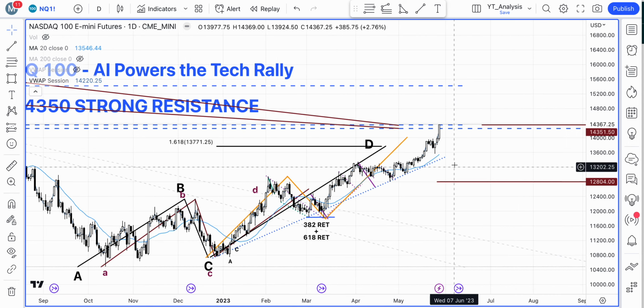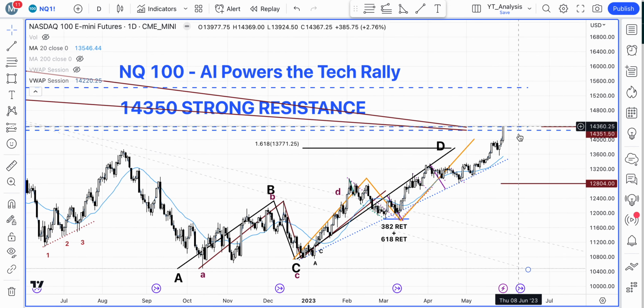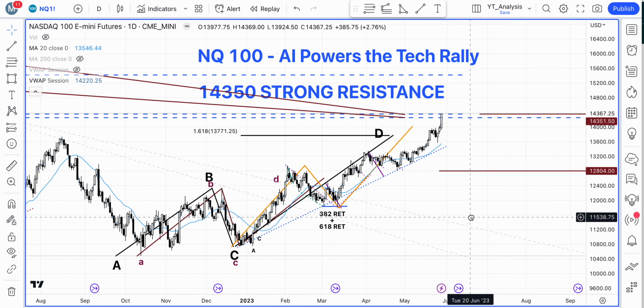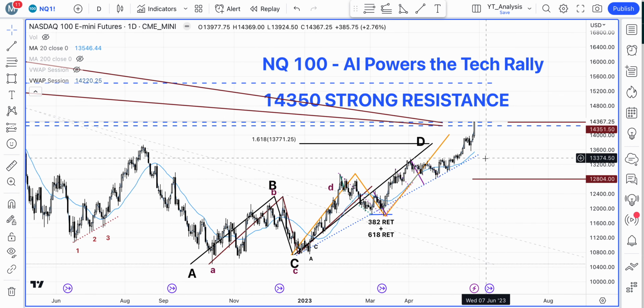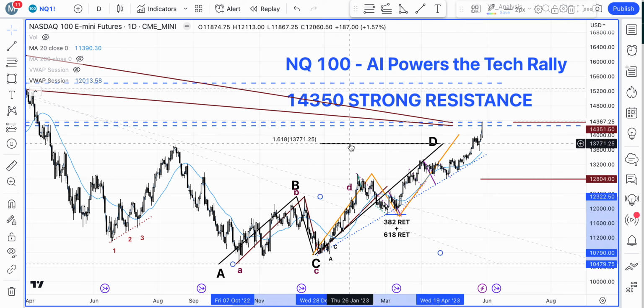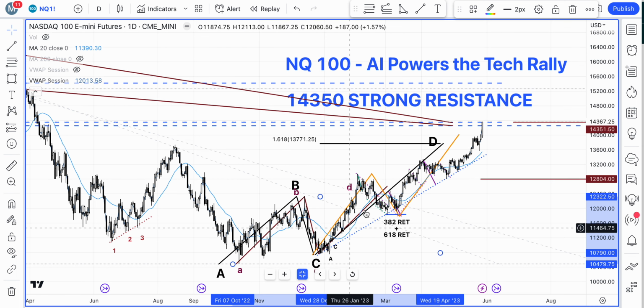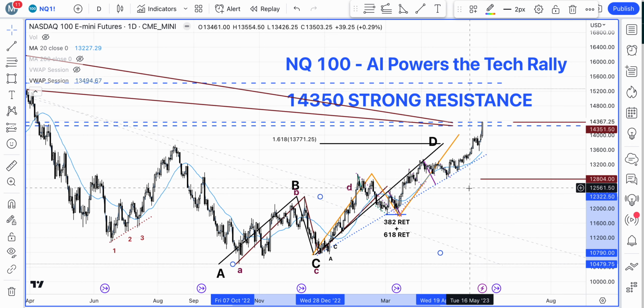And here what we have seen is today a fantastic move which took us right into this zone. And this zone we had identified, if you look at our past videos, a week in advance, that perhaps the market was trying to target this, because if you look at this black ABCD formation, the CD leg was 1.618 times the AB leg, and the orange one was a smaller ABCD inside the CD leg, and the momentum was so strong that it looked like it was just going to gravitate towards this level.